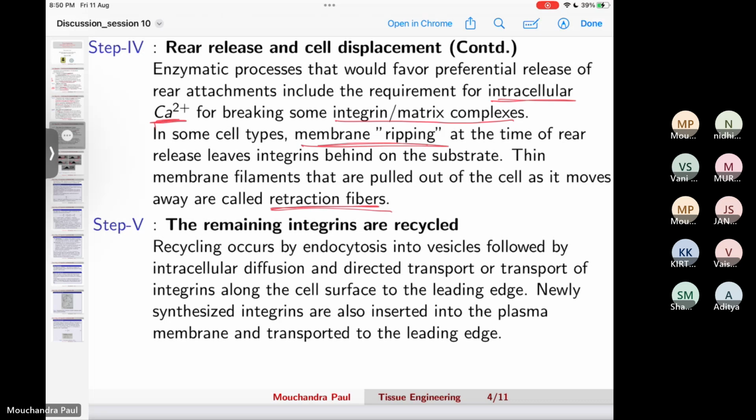Also, if the cell is simultaneously synthesizing a few integrin proteins, they are also transported to the leading edge.